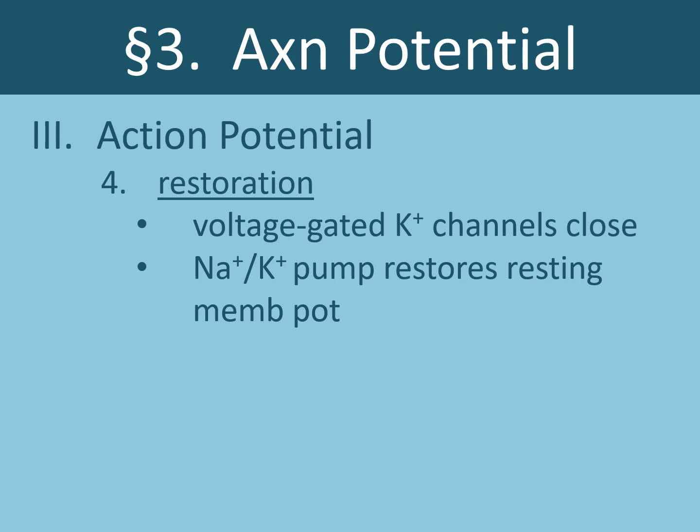The sodium-potassium pump is much slower than ion channels are, but once those ion channels have closed, the sodium-potassium pump now has a chance to restore the neuron back to its resting state. That is, it's going to pump those sodiums back out of the cell, and it's going to pump the potassiums back in. And it's going to cause the inside of the cell to return back to its normal resting membrane potential, negative 70 millivolts.